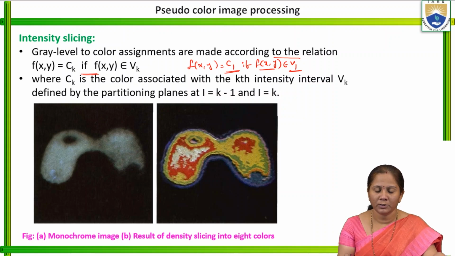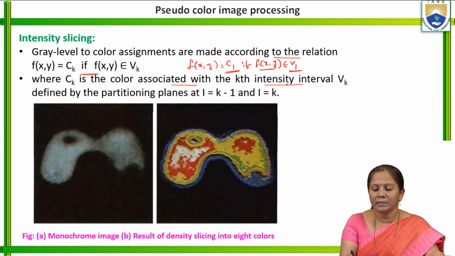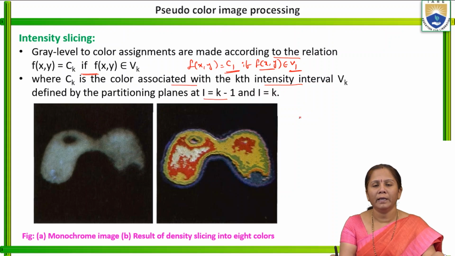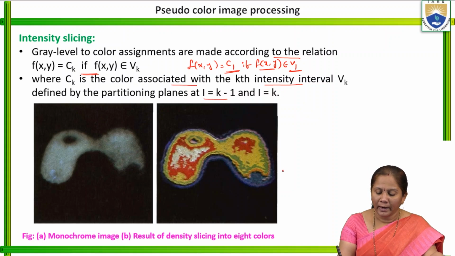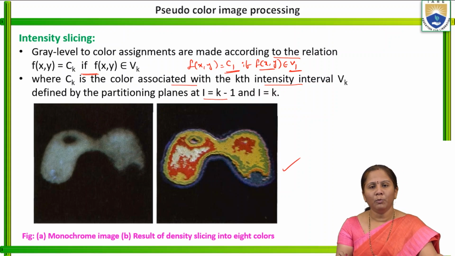So this is the basic formula we have to use in order to convert a gray level image to a pseudo color image. Ck is the color associated with the kth intensity interval Vk, and it is defined by partitioning between L is equal to K minus 1 and L is equal to K. This figure clearly shows the monochrome image, and how it looks if it is converted into pseudo color.